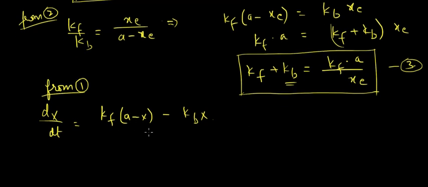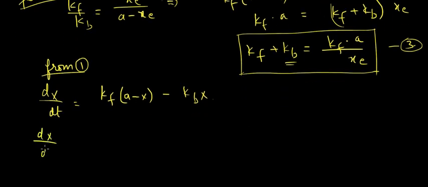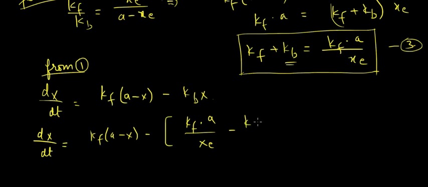So we would be getting that dx by dt would be equal to kf times a minus x minus, what is the value of kb here? The value of kb would be kf times a upon xe minus kf times x.